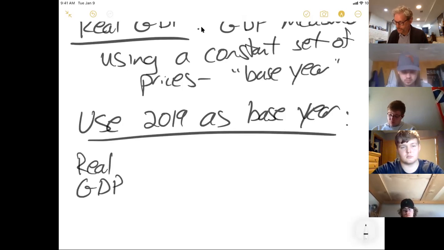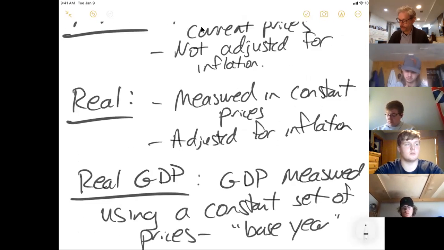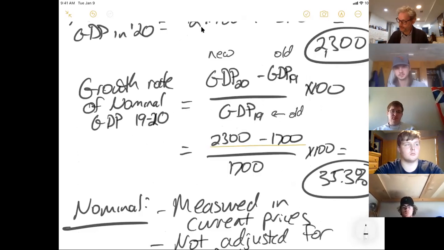So what's real GDP in 2019? Well, this one is pretty easy, right? Because the base year is also the current year. So if we're using base year prices in 2019, we were already using those when we calculated nominal GDP.